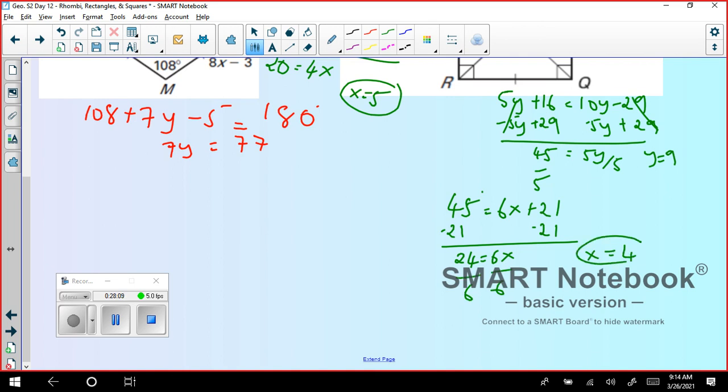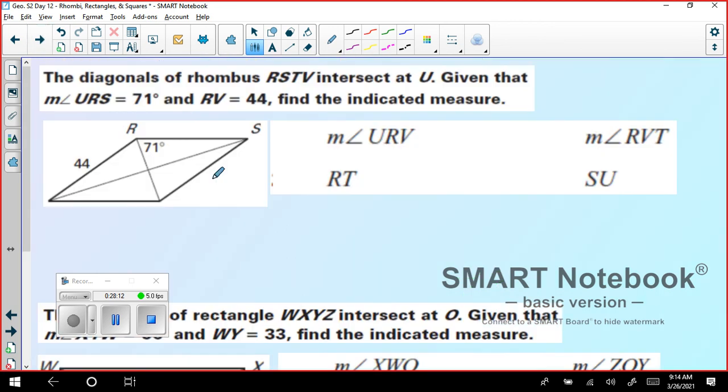Let's see the next slide. The diagonals of rhombus RSTV intersect at U, given that the measure of angle URS is 71 degrees and RV is 44, then find the measure of the following.